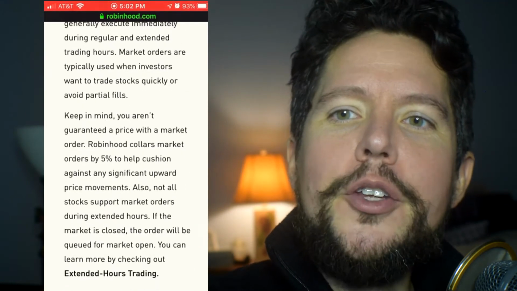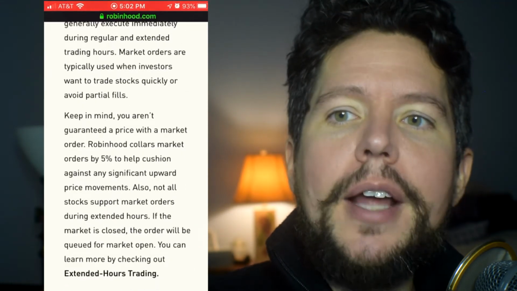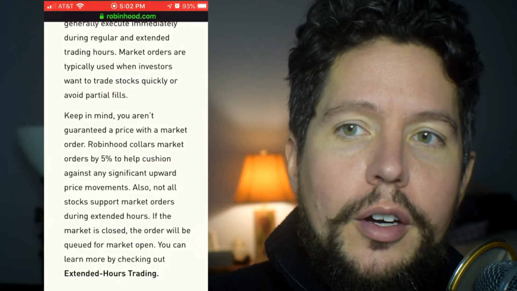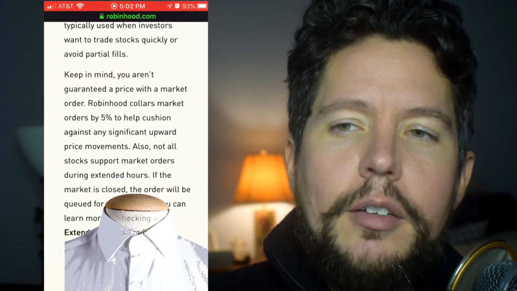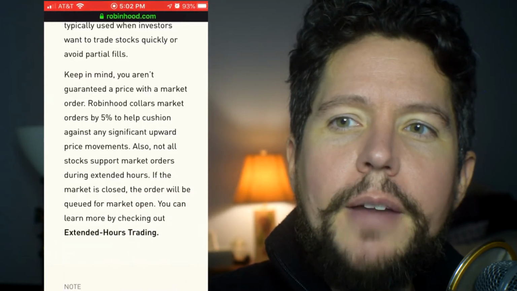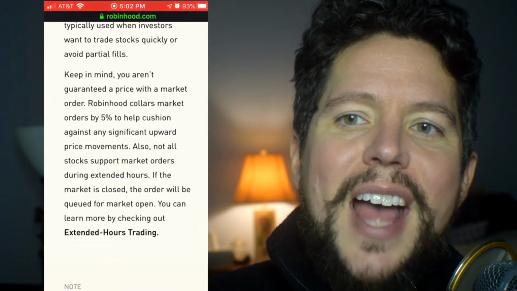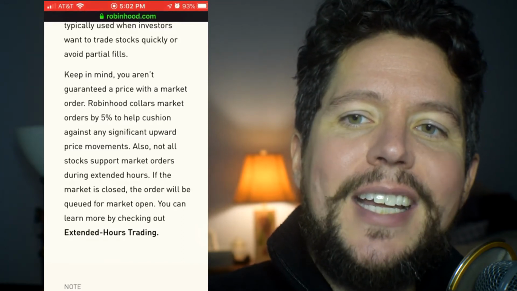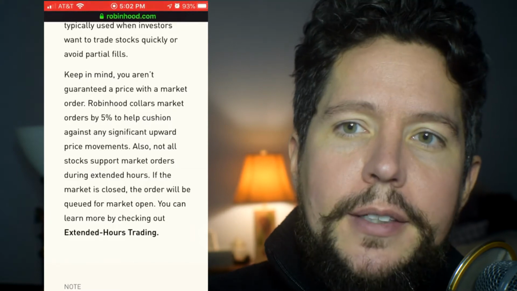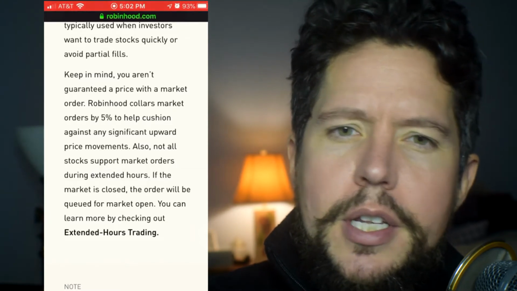Keep in mind, you aren't guaranteed a price with a market order. Robinhood collars, so collar, like around your neck or a cushion, right? Collars market orders at 5% to help cushion against any significant upward price movement. Now it says upward. Did you see that?